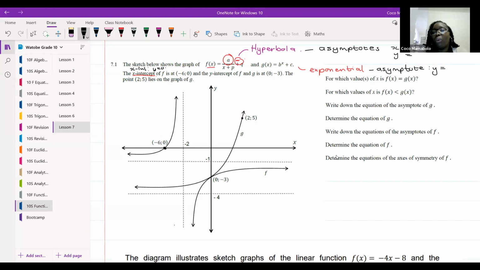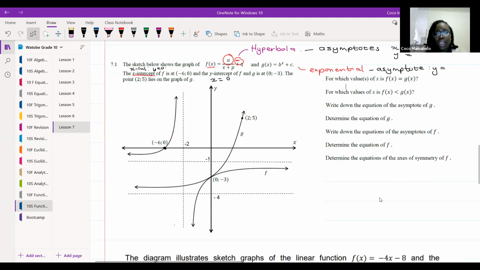And the y-intercept, what happens at the y-intercept? x is equal to 0. But I want us to note something, guys. Let me make this graph a little bit bigger because it's really tiny and you can't really see everything.